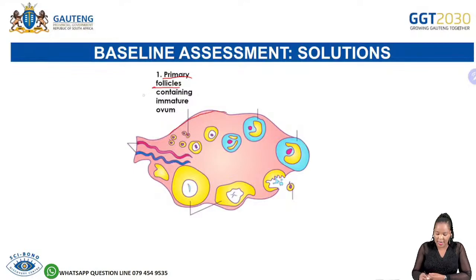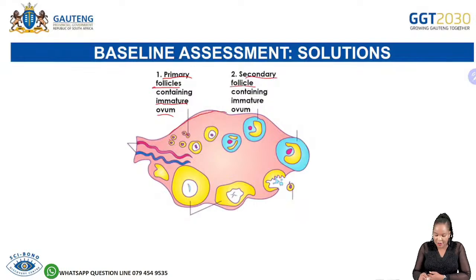What do they contain? They contain an immature ovum. So it means this ovum still needs to go and to undergo processes or steps where it is going to mature. Then as time goes on, these primary follicles are going to grow and develop much further into what we call the secondary follicles.